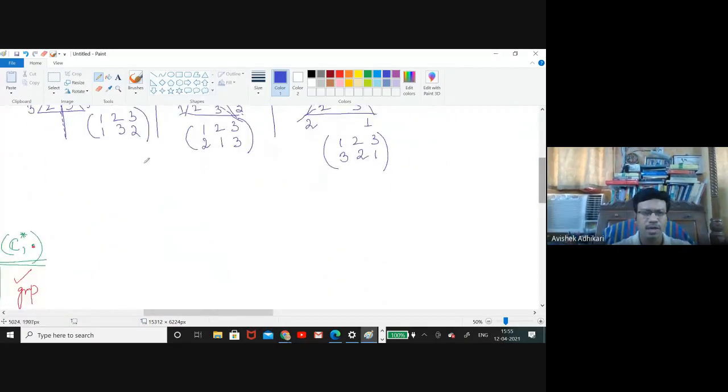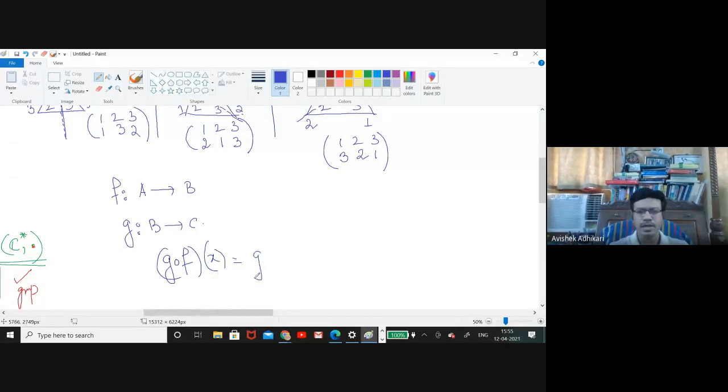Say, suppose you have a function F from A to B and G from B to C, then how can you define G composed F? So this is basically G composed Fx should be like G of Fx. Why?